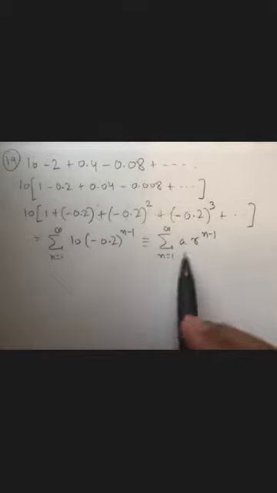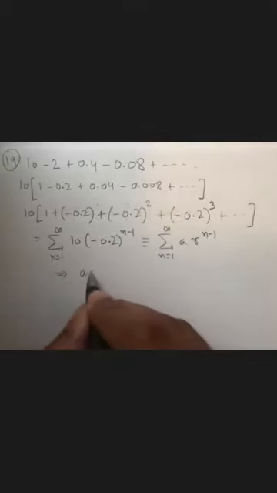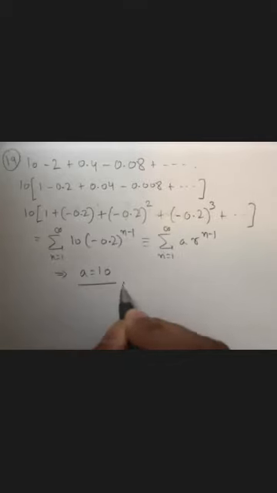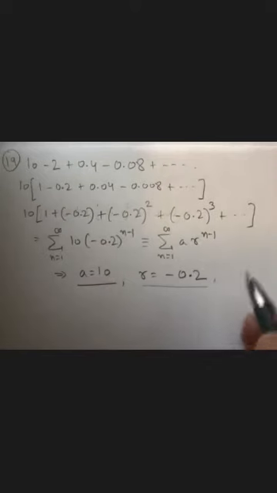So from comparing these two, what we see is a equals 10 and r equals negative 0.2. Now, the absolute value of r is less than 1.